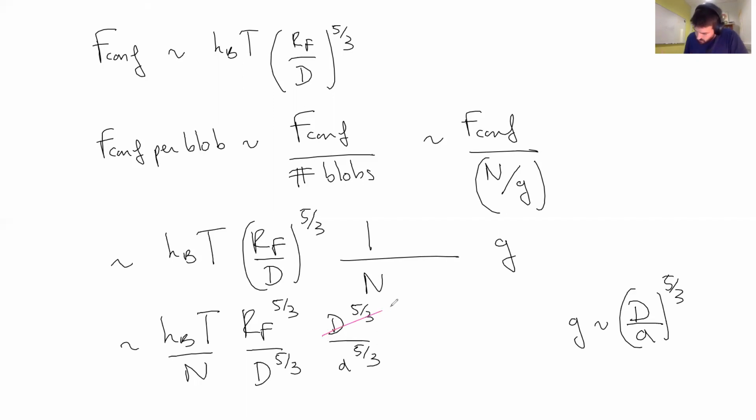Right? And remember, RF is 3/5, so the dependency in n vanishes, and the a 5/3 vanish with that. So it's a striking fact. The free energy per blob is kbt. So it's something you want to remember.